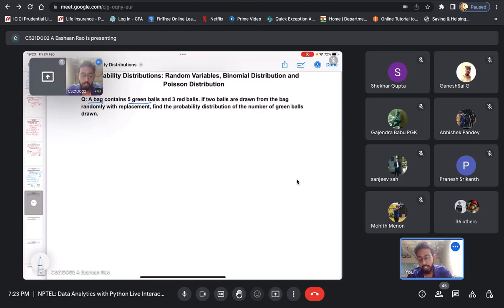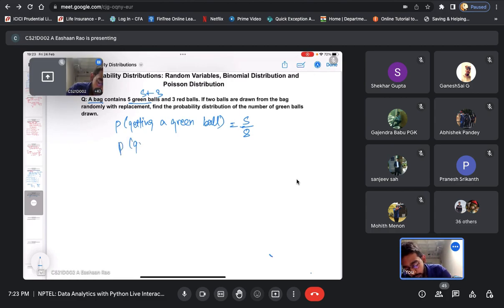Okay, so here I have to find the probability of getting a green ball. I have 5 green balls and a total of 8 balls, that is 5 plus 3. So I have a total of 8 balls, out of which 5 balls are green. So the probability of getting a green ball is 5 by 8.